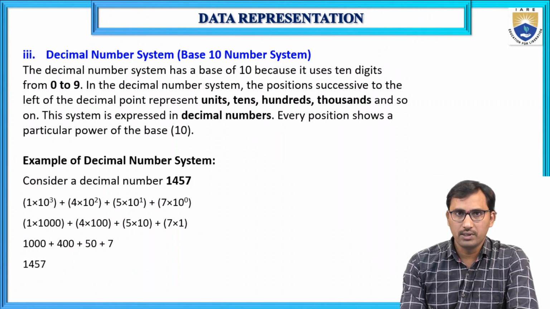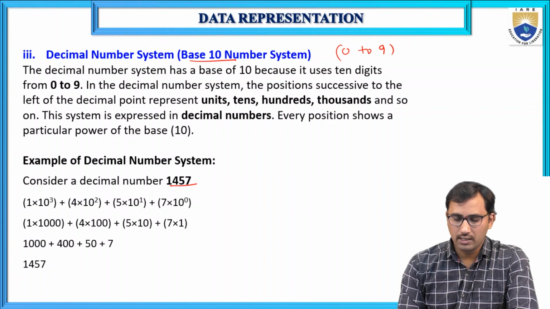And coming to the decimal number system. In the decimal number system the base is 10 and the numbers are from 0 to 9. So here we have a decimal number. How can we represent this?